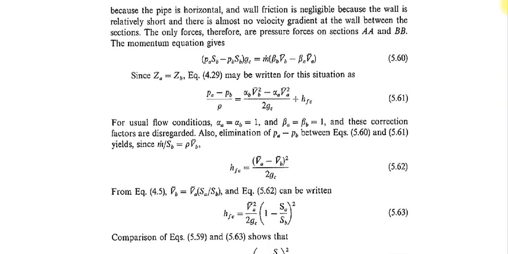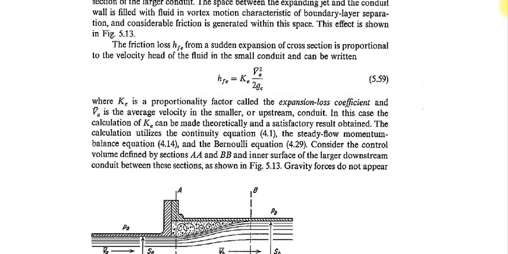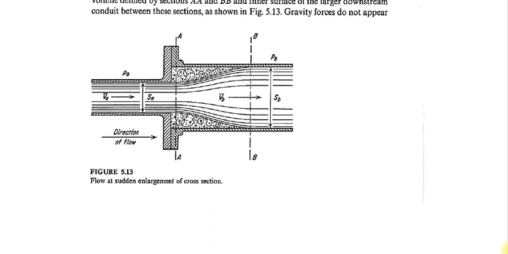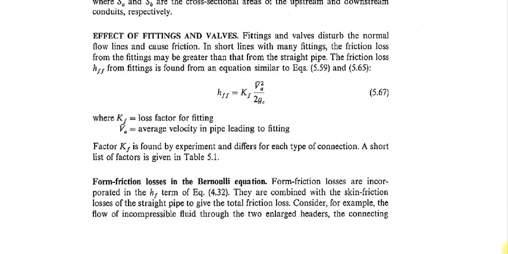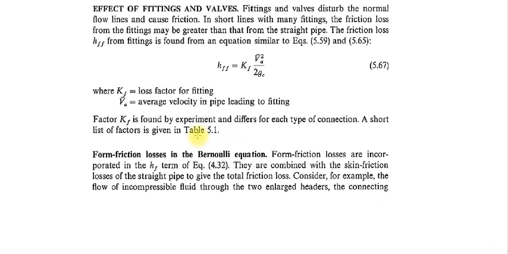Similarly in the expansion you have Va, the velocity at the upstream before expansion. So you have to make sure you are using the right value. You cannot use the wrong value. In the fittings you have the average velocity of the pipe leading to the fitting.